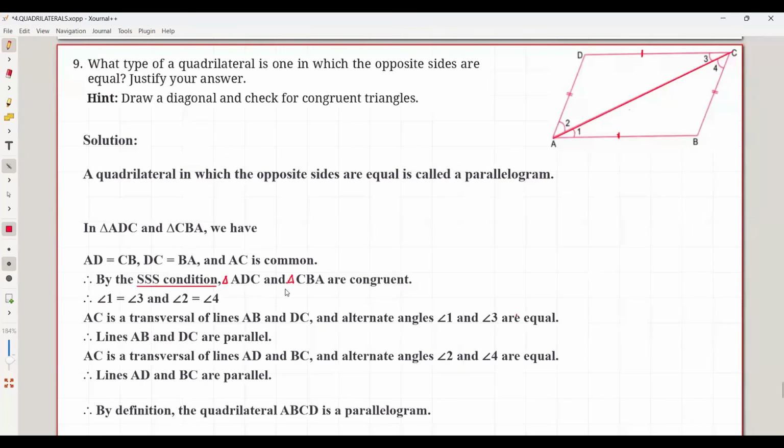If these two are congruent, corresponding sides and corresponding angles are equal. Angle 1 corresponds to angle 3, so angles 1 and 3 are equal, and 2 and 4 are equal. Considering AC as a transversal, these alternate angles are equal, therefore these two lines are parallel. The lines AD and BC are also parallel. So, by the definition of a parallelogram, ABCD is a parallelogram. This is the proof.